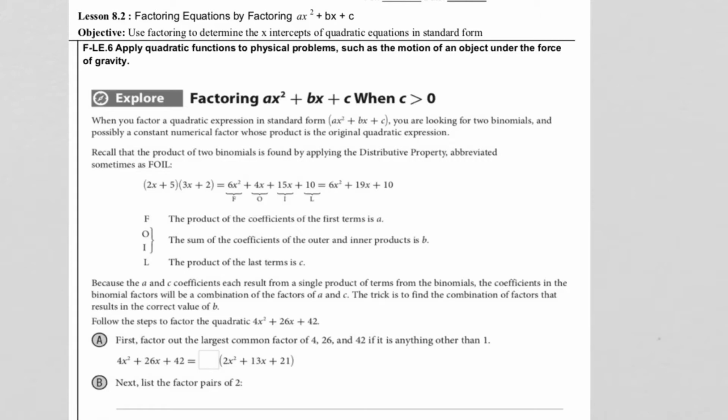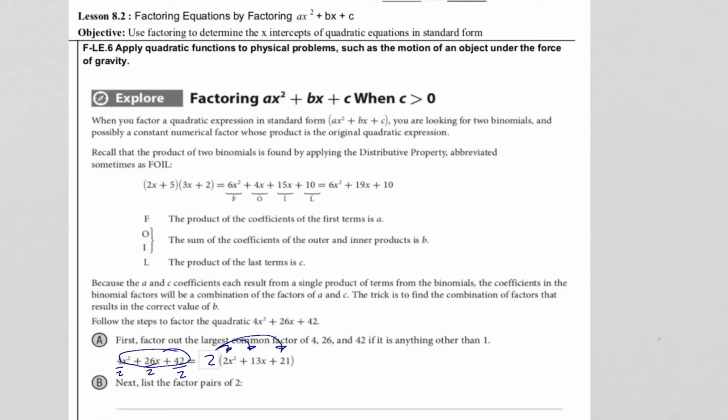So if I factor out a 2, essentially, this is like 4 divided by 2, 26 divided by 2, 42 divided by 2. I can pull this 2 out and put it on the outside of parentheses, right? And if you were to FOIL this back out, you would get this again. So we can factor out the 2, and then we'll have a smaller equation to figure out.